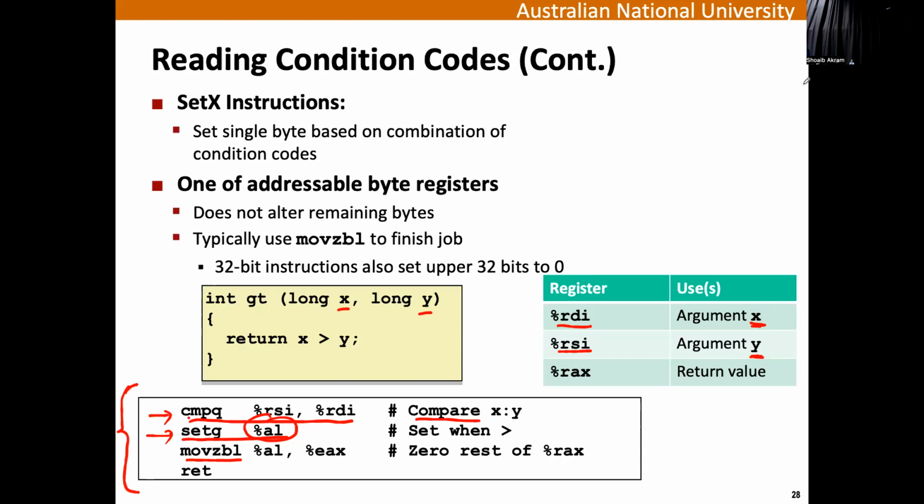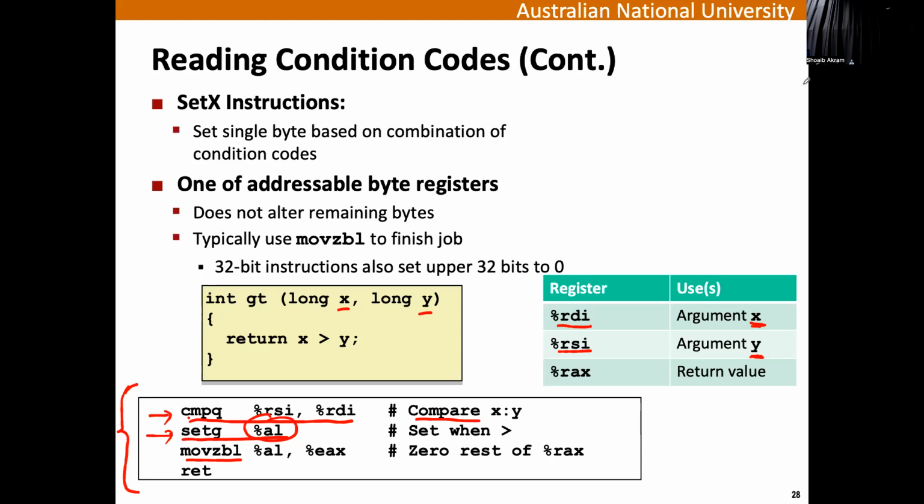So this instruction, movzbl, will set up RAX for returning to whoever called this function. In RAX, you will get a 1 or a 0, and this instruction will make sure that everything else is zeroed. Now, there is an interesting property of x86-64.